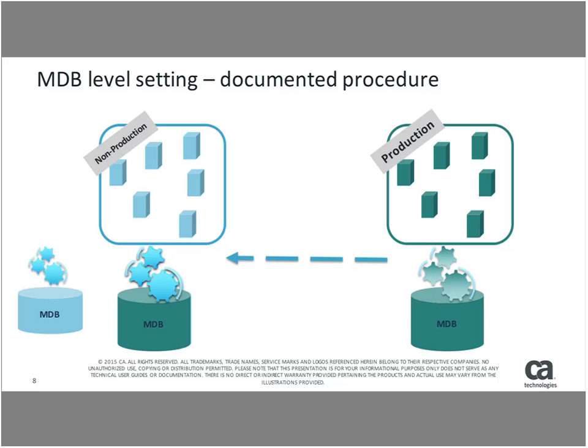So now the MDB comes from production and sits in the non-production environment, but it has all the configuration and integration information restored from the previous MDB, and it's usable in the target environment, and it has all the data that comes from the source environment.